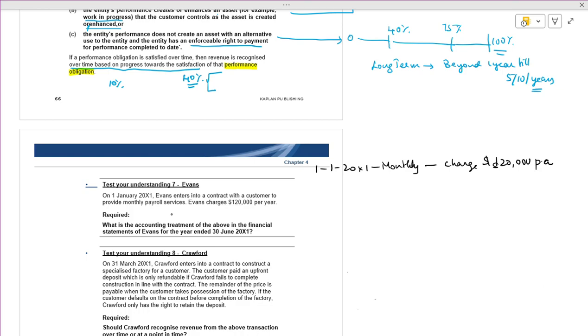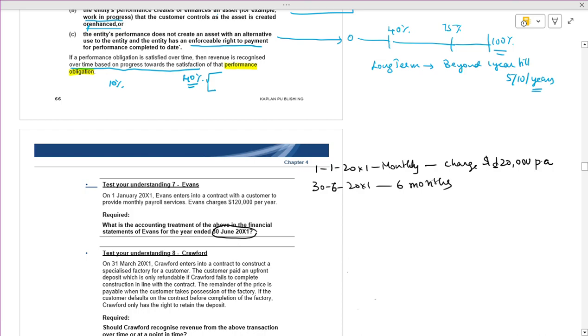Required: what is the accounting treatment of the above in the financial statements for the period to June 2001? It means they want only 6 months.